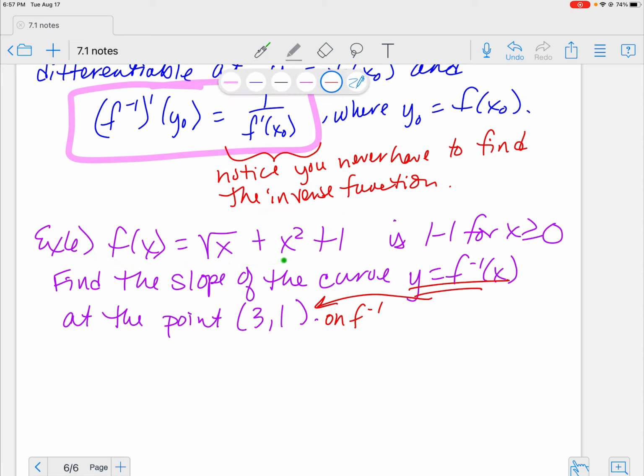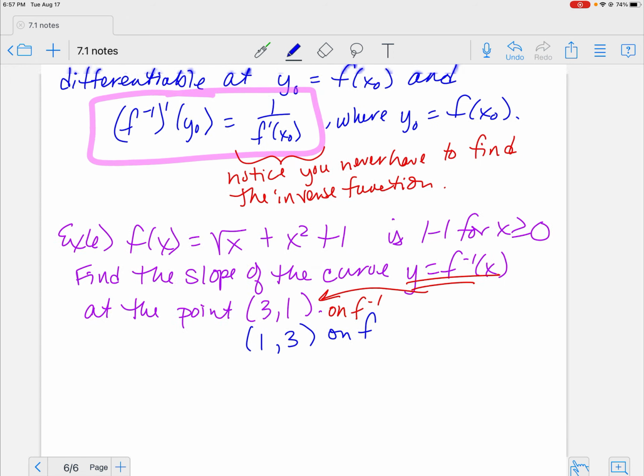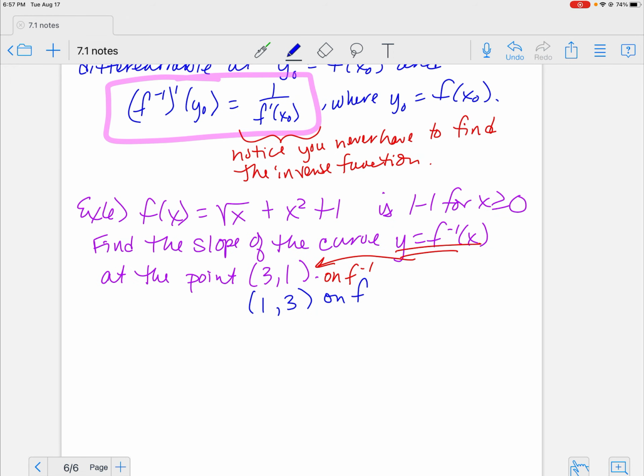However, if I wanted to look at, oh, let's go blue. Here, what is my coordinate point on my actual f function? Yes, because you swap the x's and y's, right? So when you swap those x's and y's, then I know that that's the point on my actual inverse function.